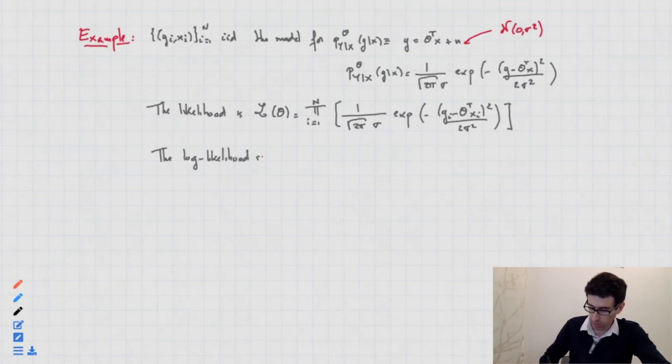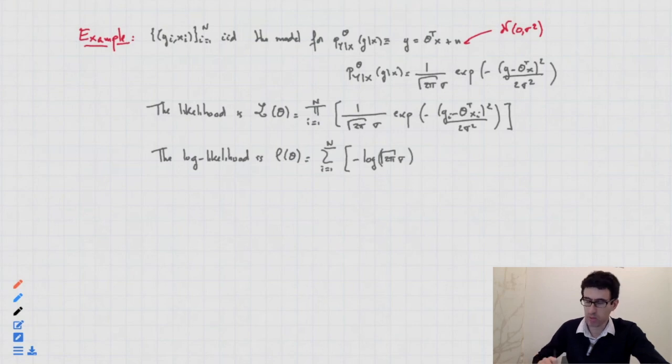The log likelihood function is going to be small l of theta equal to the sum from i equal 1 to n of two terms. One of them is going to be minus the log of square root of 2 pi times sigma, and let me put parentheses to be very clear.